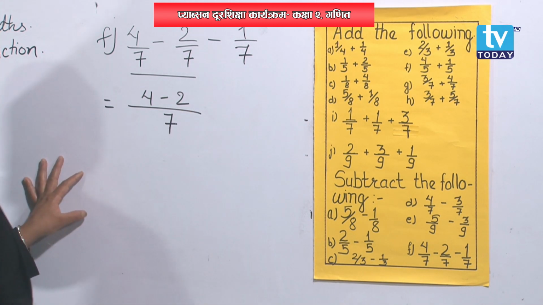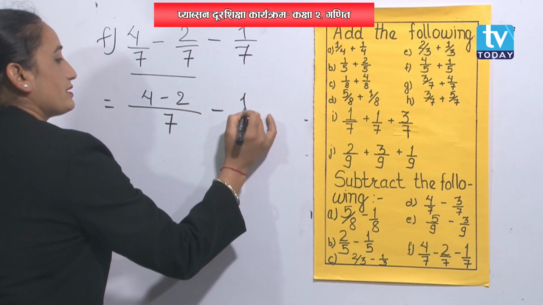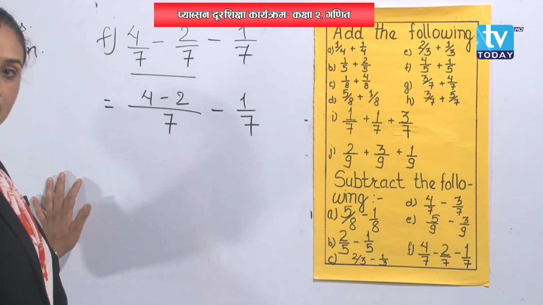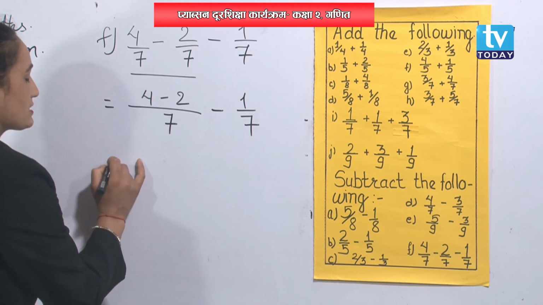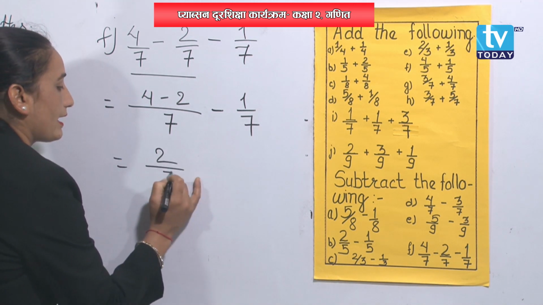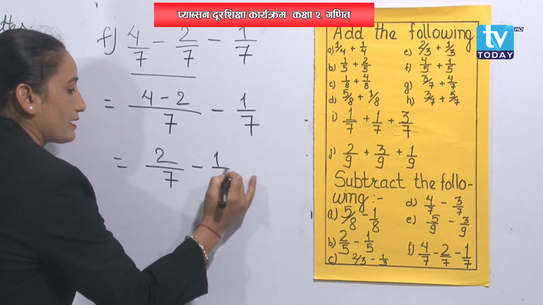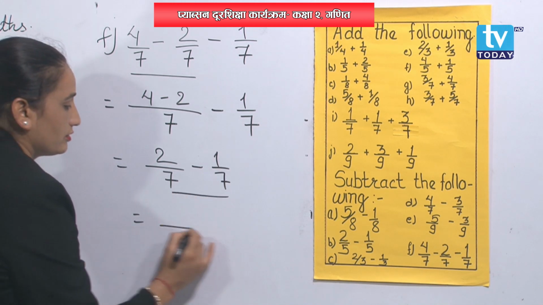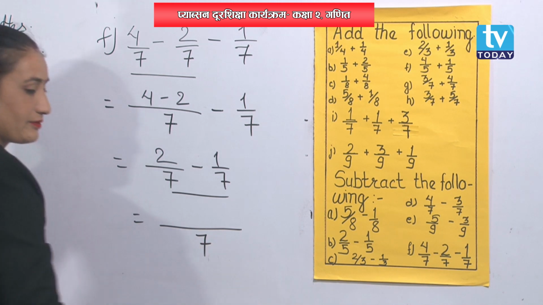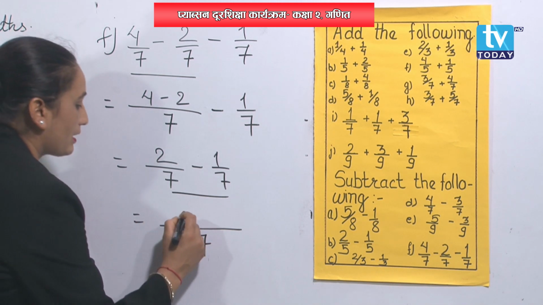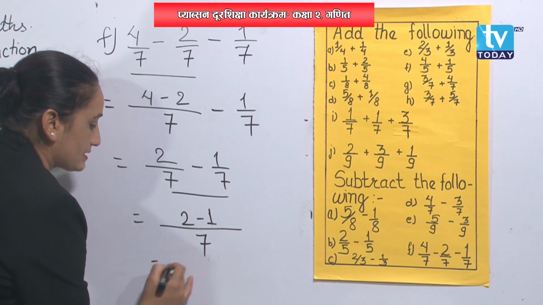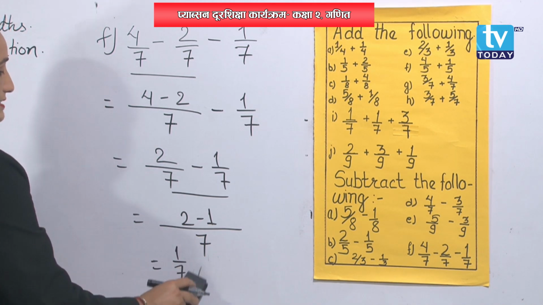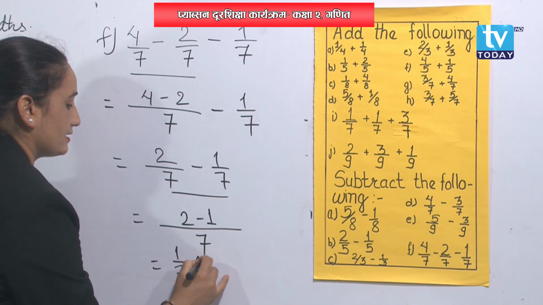The denominator should be written the same. So, 4 minus 2 is 2/7 minus 1/7. Again, 7, 7, 7 will be common. 2 minus 1, 1/7 will be the answer.